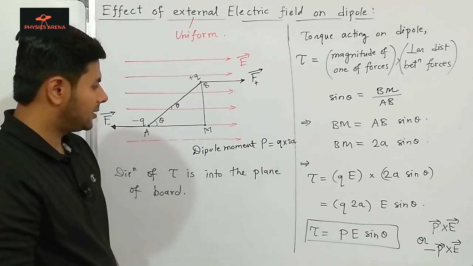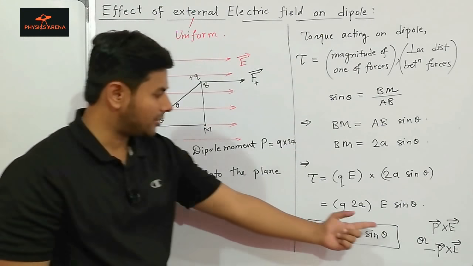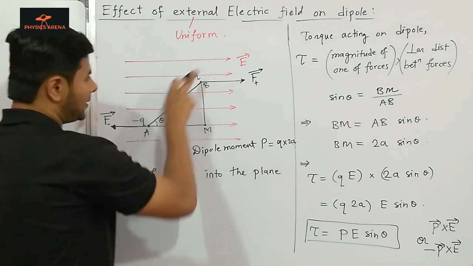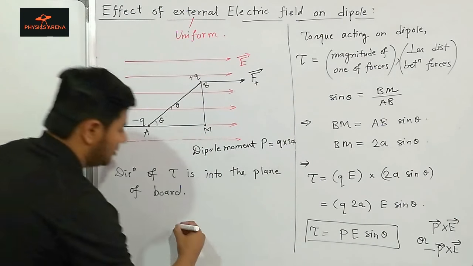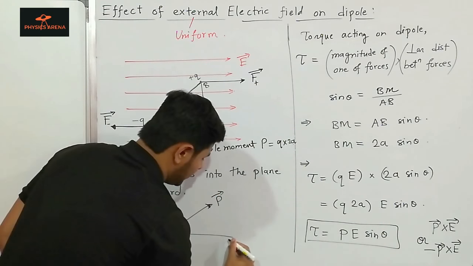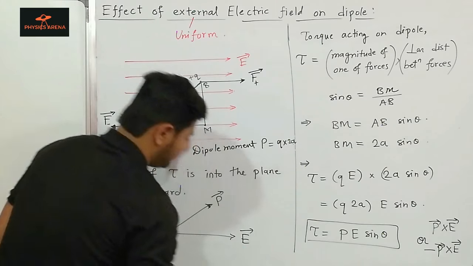Now let's check the direction of P bar cross E bar and minus P bar cross E bar. P bar is directed like this. Let me draw it. This is the direction of P bar, and this is the direction of E bar.